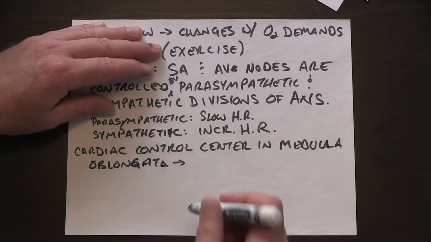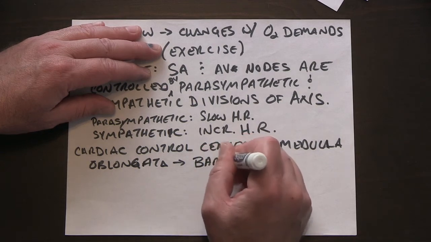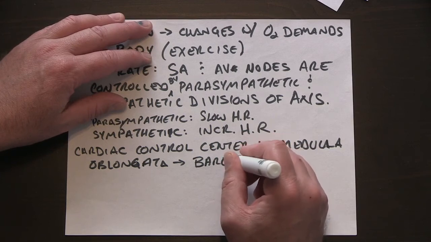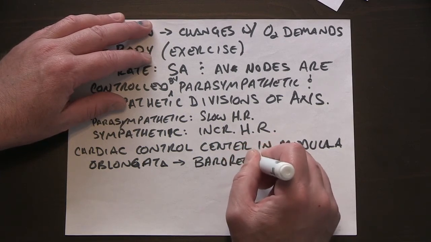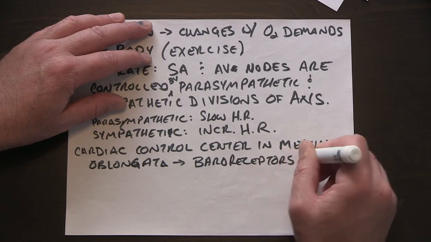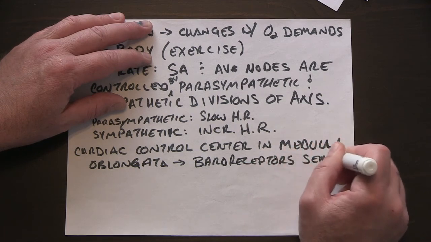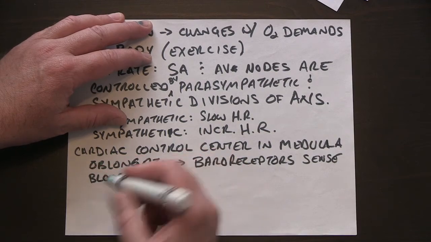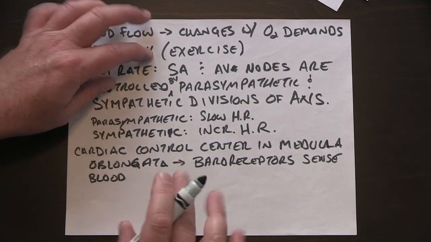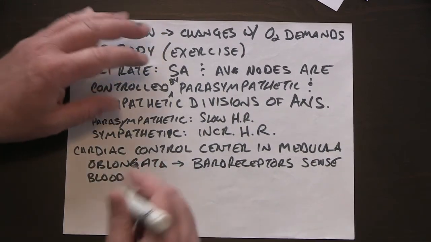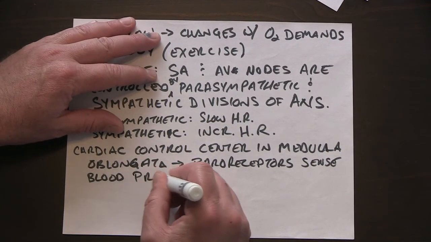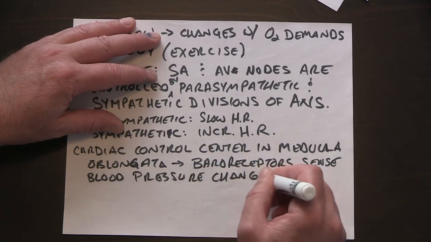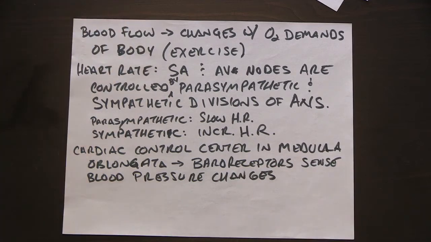Baro meaning pressure, in some of the blood vessels. Baroreceptors. They sense blood pressure changes and then send that signal up to the brain to tell it to, okay, let's slow the heart rate down or let's speed it up.